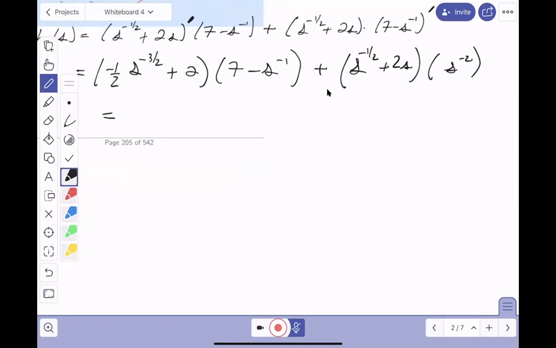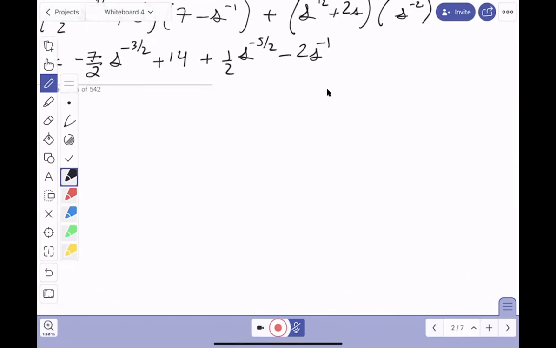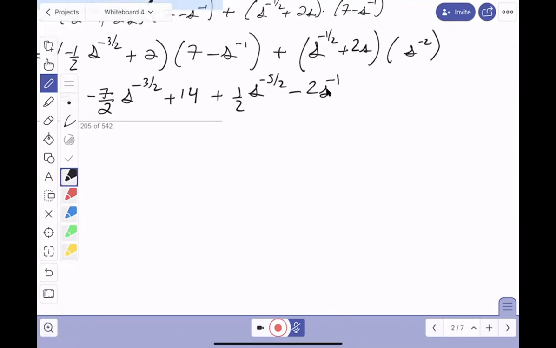So it's minus 7/2 s to the minus 3/2 plus 14. Let's see, plus 1/2 s to the minus 5/2 minus 2s minus 1. Wow, it's a lot of work, isn't it? What do you get over here?